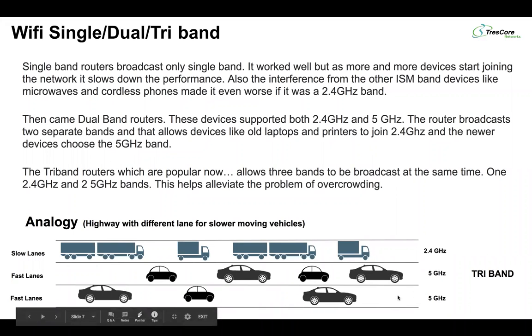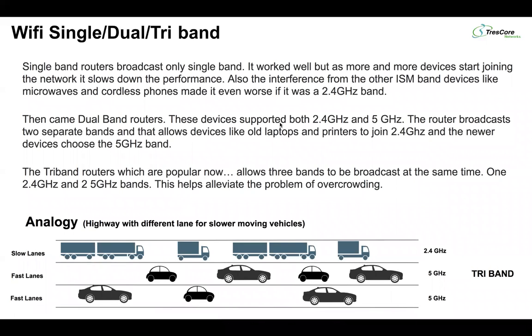So now they have the third band; tri-band routers are being sold these days. Just remember the analogy of the highway with trucks and cars when you're trying to understand single, dual and tri-band. Okay.